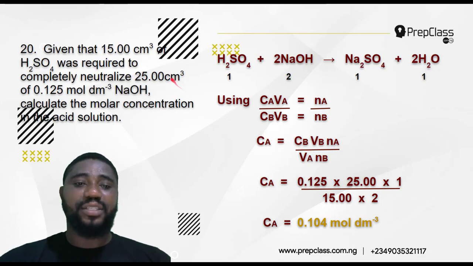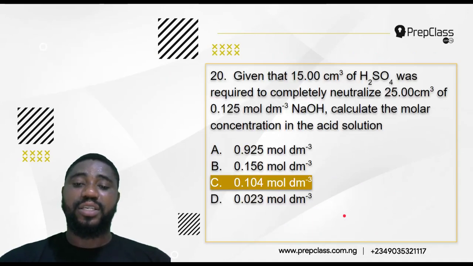What's the volume of the acid? 15 cm³ times the mole ratio of the base, which is 2. So when you multiply the numerator, multiply the denominator, and divide, you have 0.104 mol/dm³. So your correct answer is C, 0.104 mol per dm³.